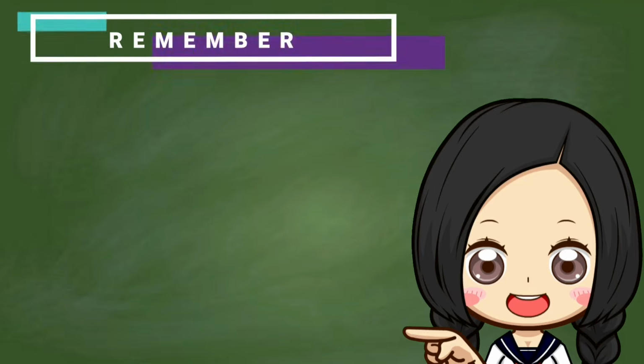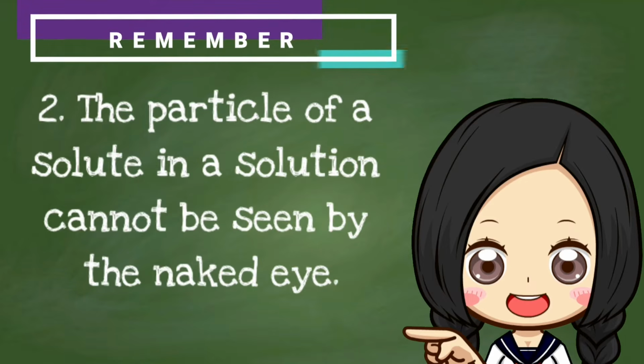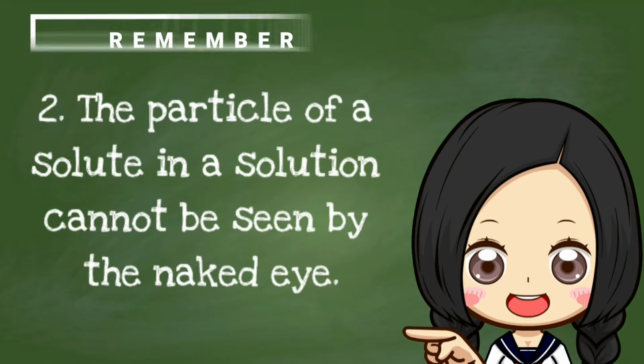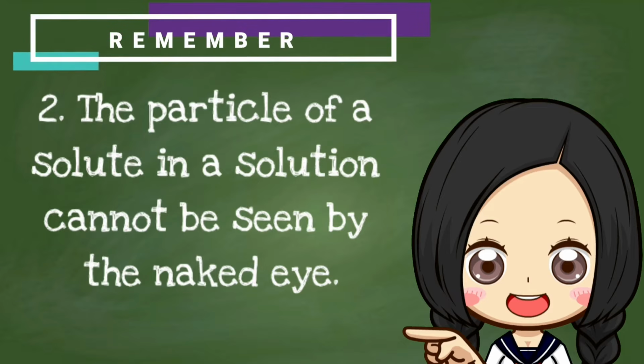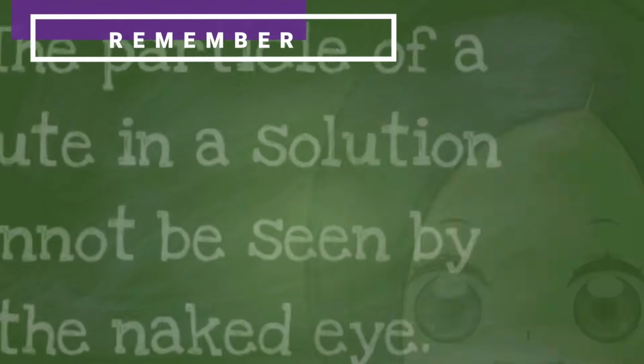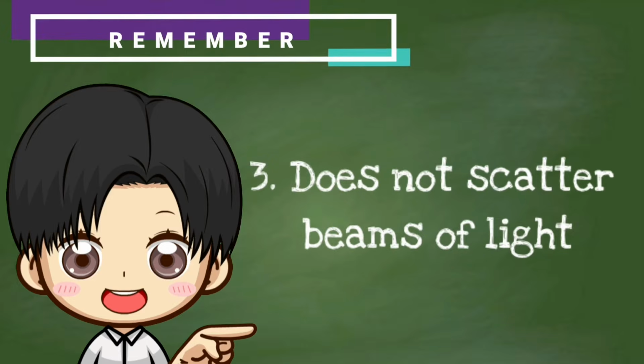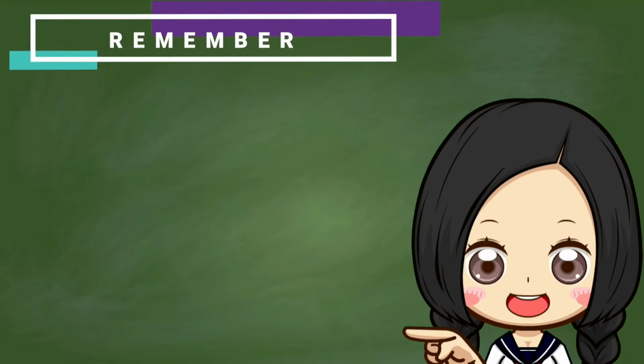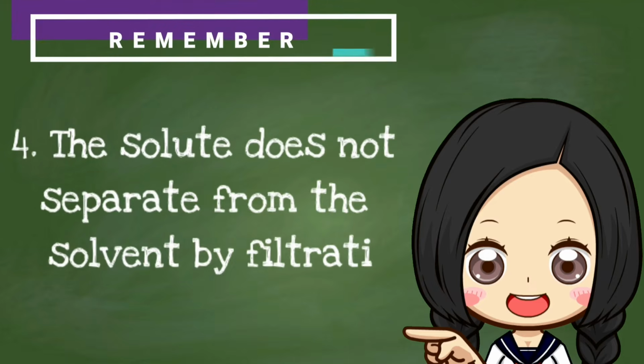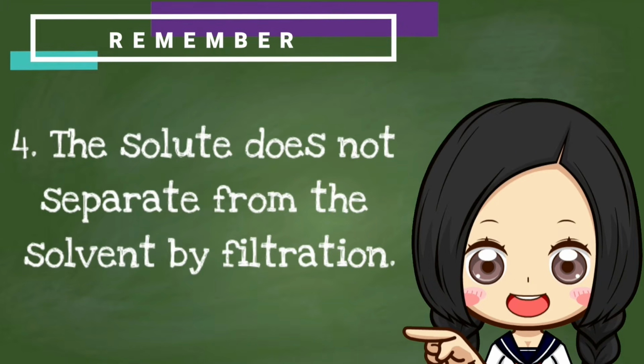Number 2, the particles of a solute in a solution cannot be seen by the naked eye. Number 3, does not scatter beams of light. And last one, the solute does not separate from the solvent by filtration.